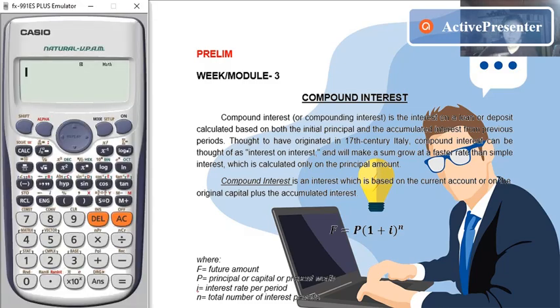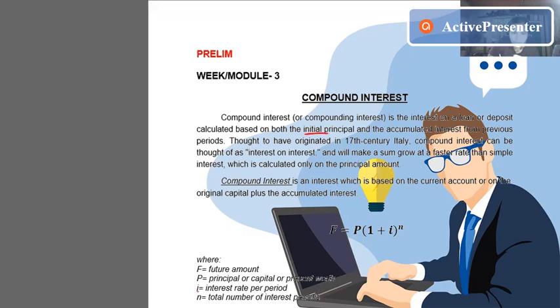Compound interest or compounding interest is the interest on a loan or deposit calculated based on both the initial principal and the accumulated interest from previous periods. So it is said here that compound interest is the interest calculated based on both the initial principal and the accumulated interest.